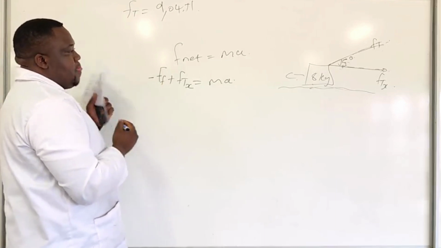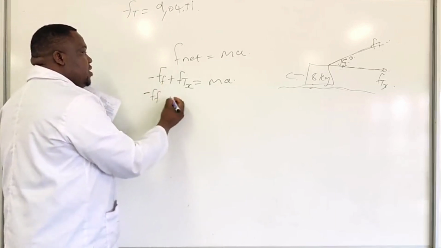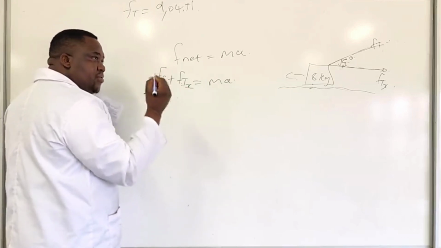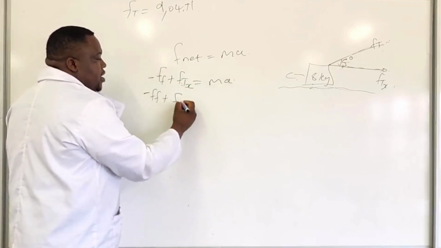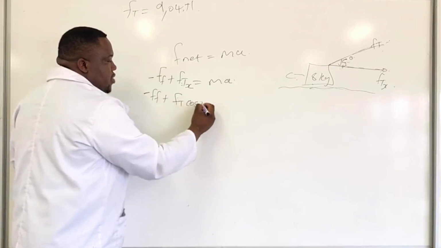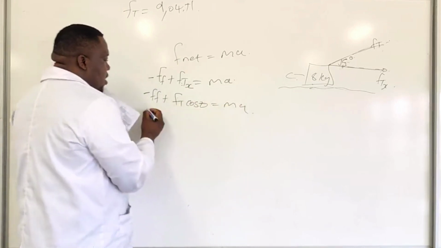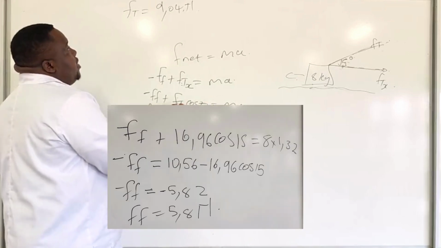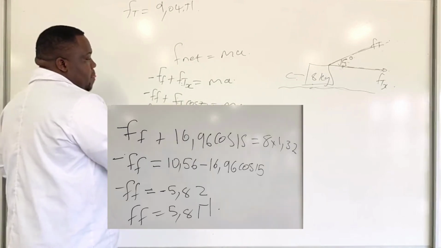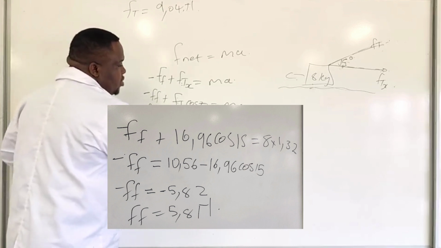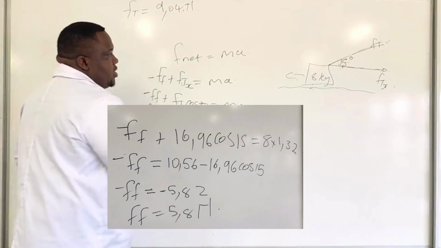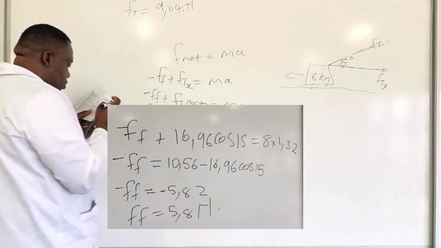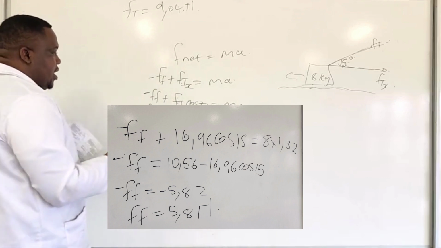Ftx is the x component of the tension, which will be Ft cos theta, equals Ma. Then we can substitute now. Frictional force plus Ft, which is 9.04, times cos 15, equals mass 8, acceleration 1.32. That is our acceleration.